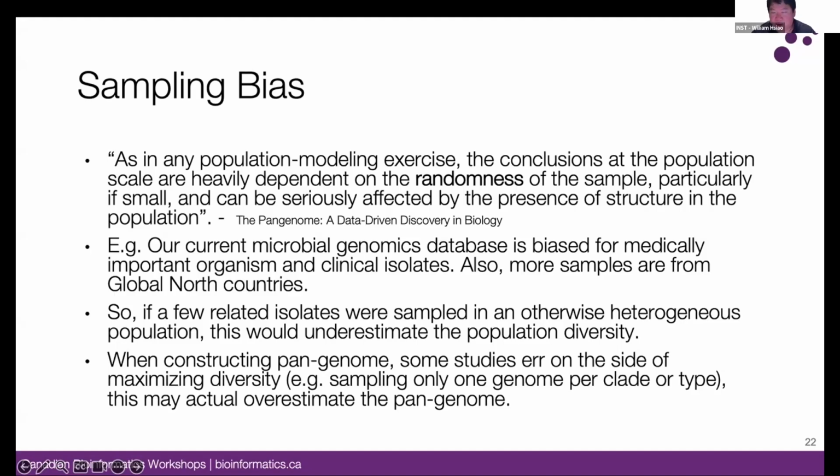When constructing a pangenome, some studies, on the other hand, err on the side of maximizing the diversity. For example, only sampling one genome per clade or per type, for example per serotype, may actually overestimate the pangenome diversity, or rather, it really just maximizes the genome diversity and gives a false impression that this organism is more diverse.